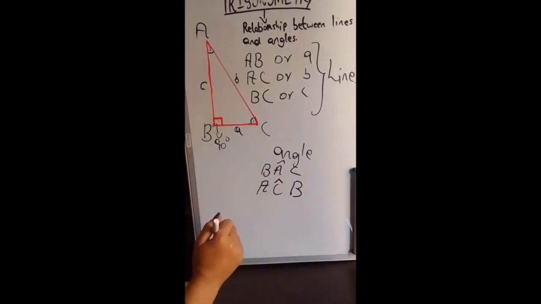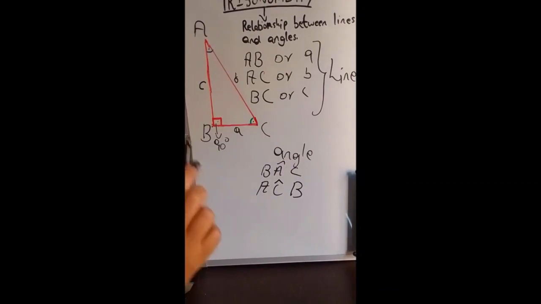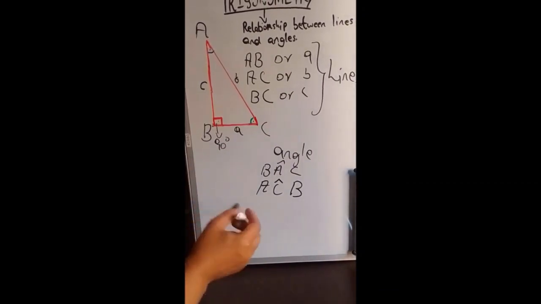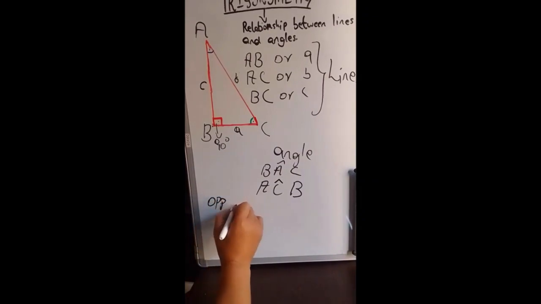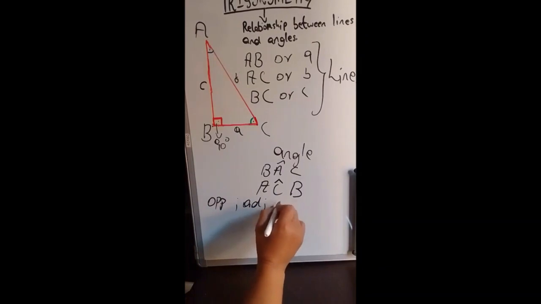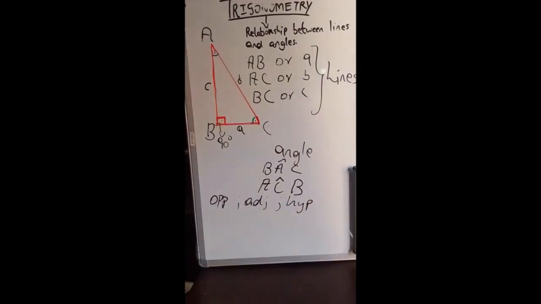All right. So now we're going to check the relationship. Let's now focus on one angle at a time. There are three sides to a triangle. We look at the opposite side, the adjacent side, as well as the hypotenuse side. Let's start with the hypotenuse.